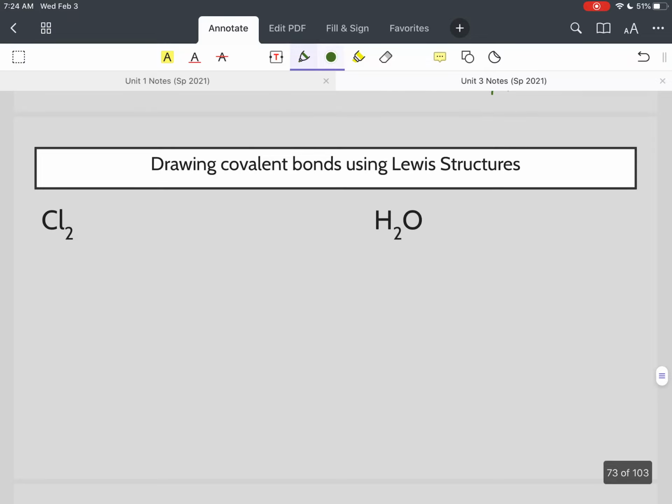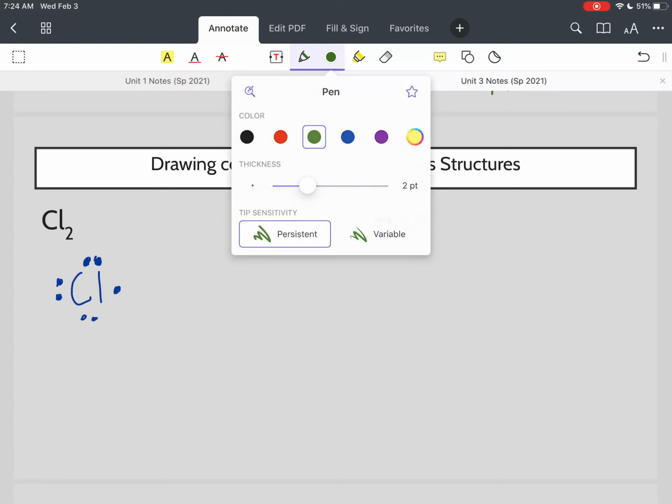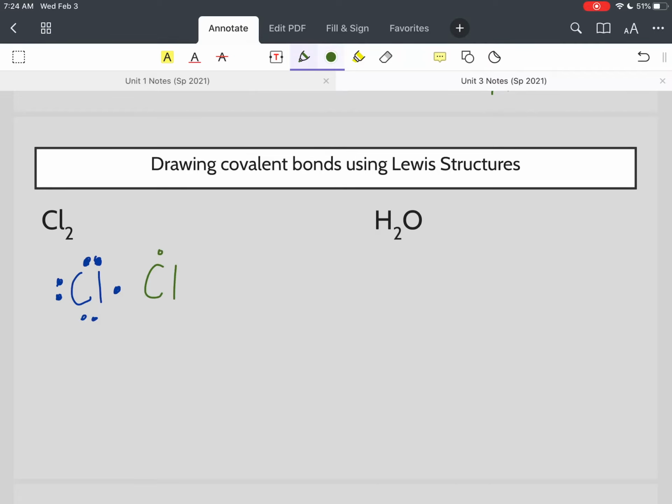All right, let's look at my chlorine here. So chlorine, we said, has 7 valence electrons. Okay, sorry, my dots aren't looking very pretty. Here's my other chlorine. He also has 7. Okay, so here I can see how they can actually share these 2, right?